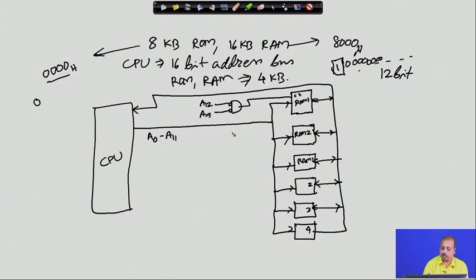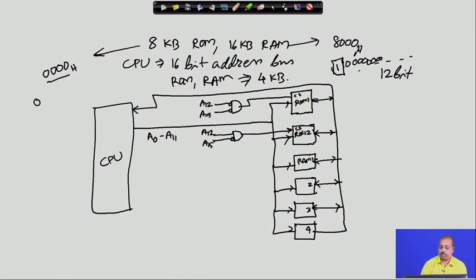Similarly, the second ROM chip will be selected provided the A15 line is 0, but A12 is 1. In that case, this chip select will be generated and connected to the second ROM chip.